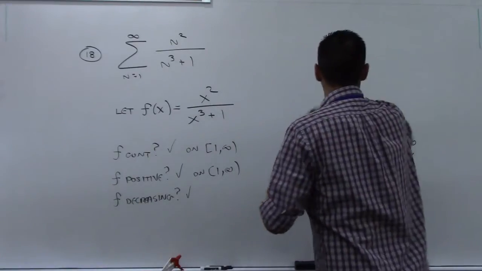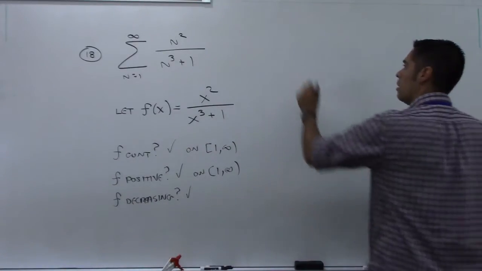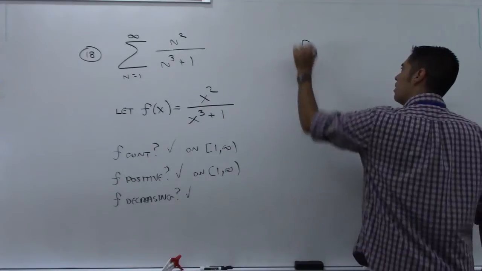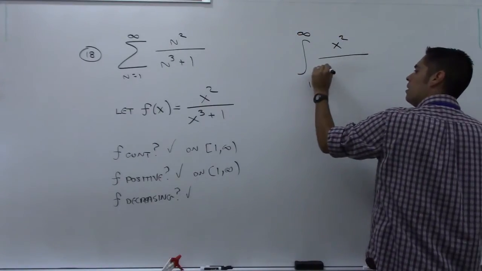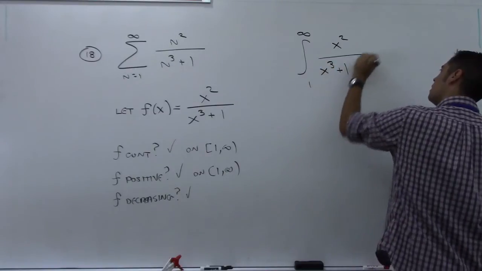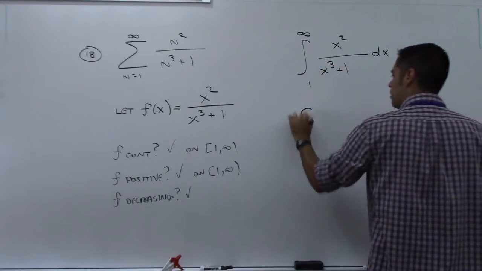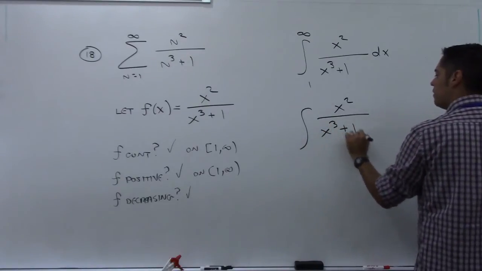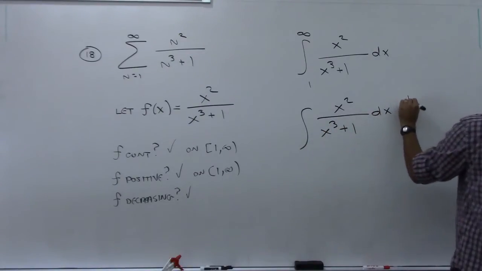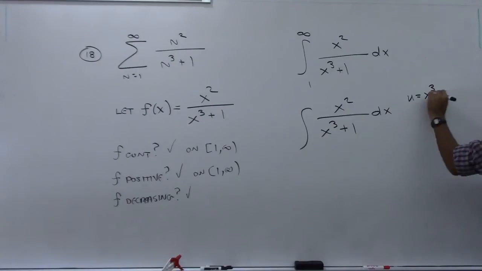So I need to find the integral. I look at the integral from 1 to infinity of x squared over x cubed plus 1 dx. Convert this over just to an indefinite integral real quick so I can find the antiderivative. Make a basic substitution of the bottom.